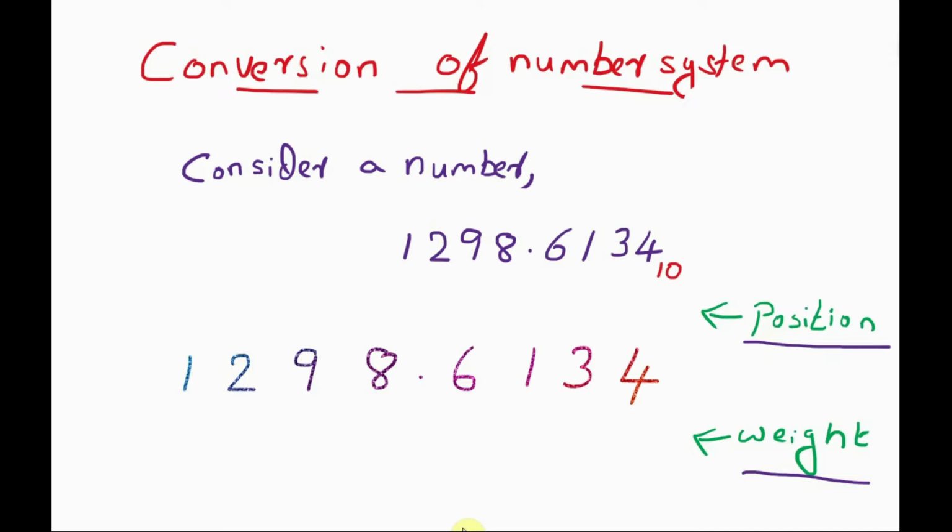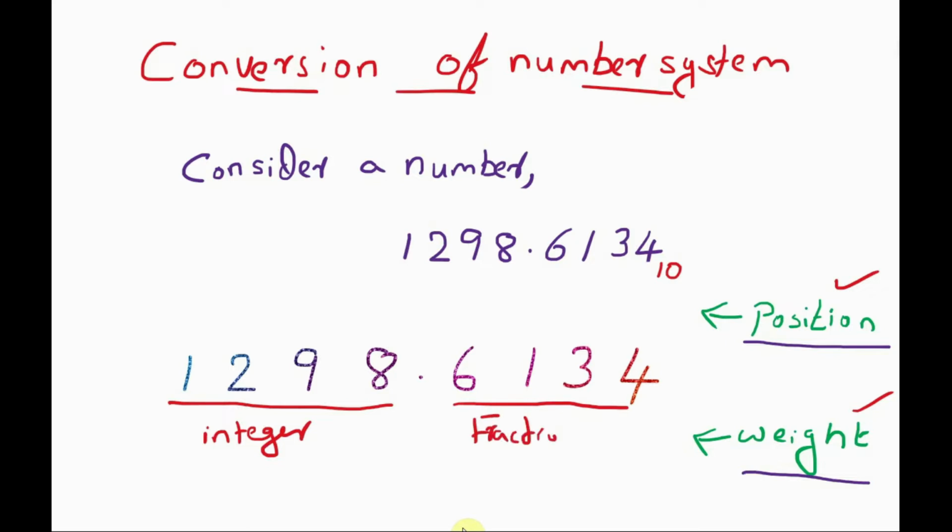Now we have to see two terms, the position and weight. You all know about the position. This is the integer part, and this is the fractional part. For the integer part, the position starts from 0.